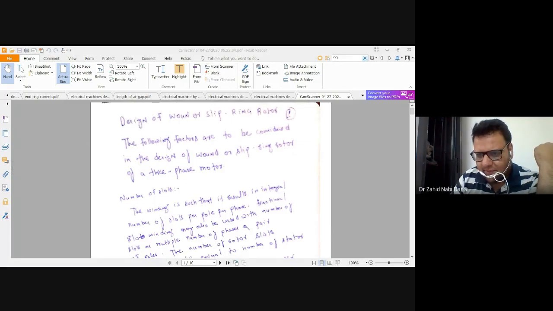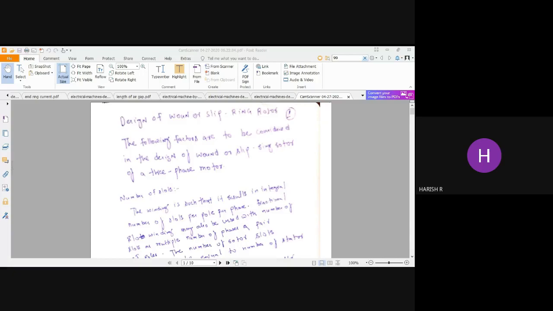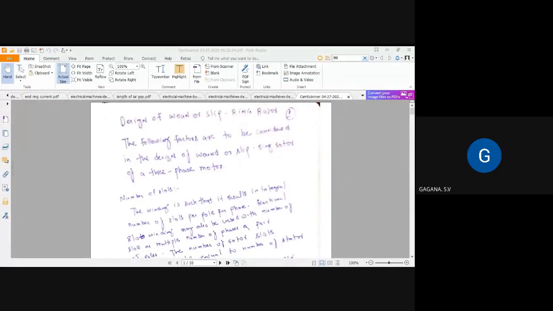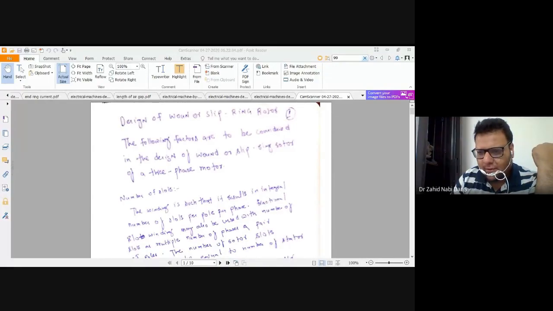It should be equal to 6 T phase. For three phase, 3 into 2 times T. Why 2 times T? One conductor is equal to 2 turns. For one phase system, your conductor per phase should be equal to twice the number of turns. One conductor is formed by two turns for single phase, and for three phase it is 2 into 3.